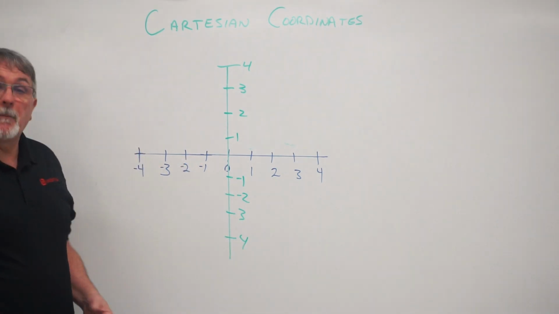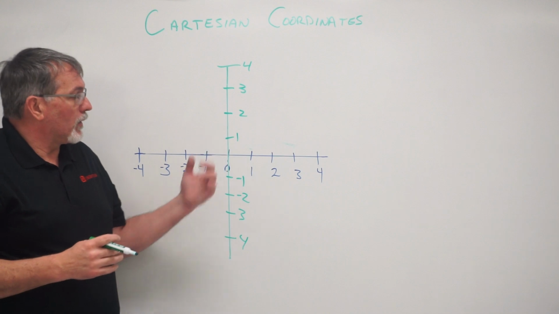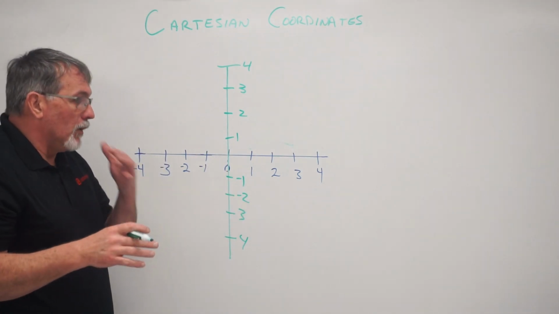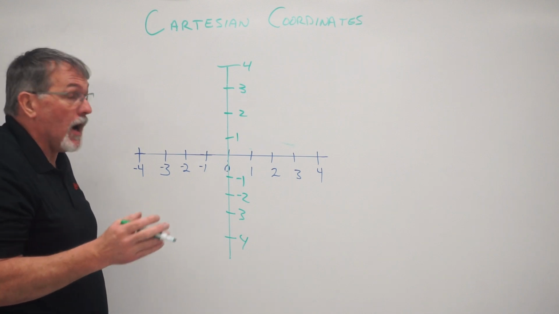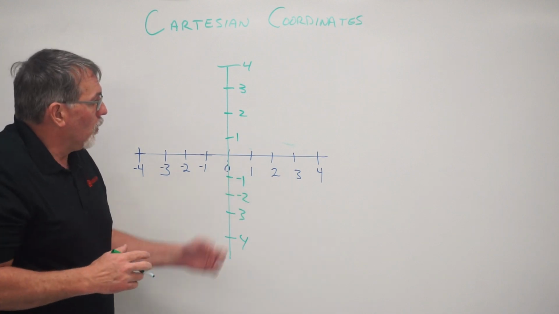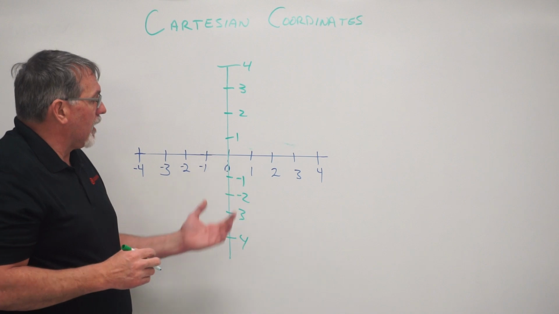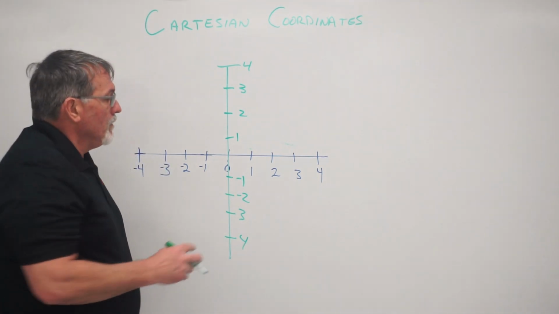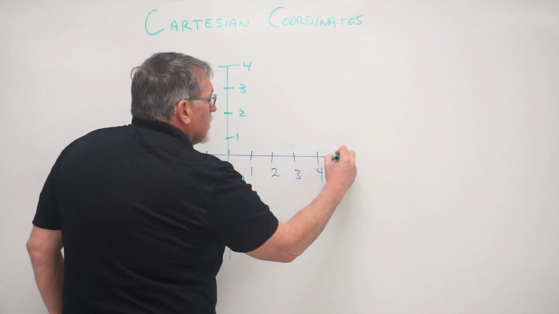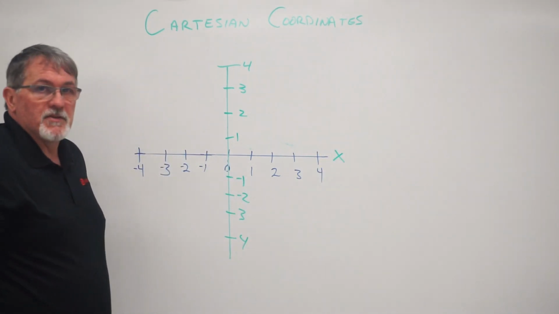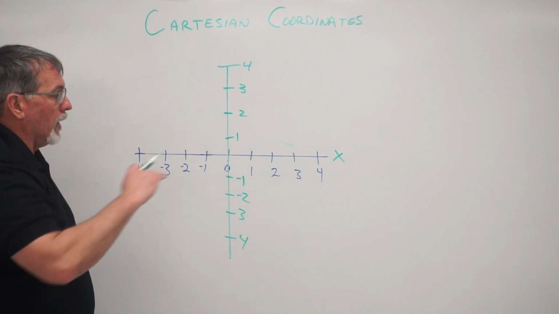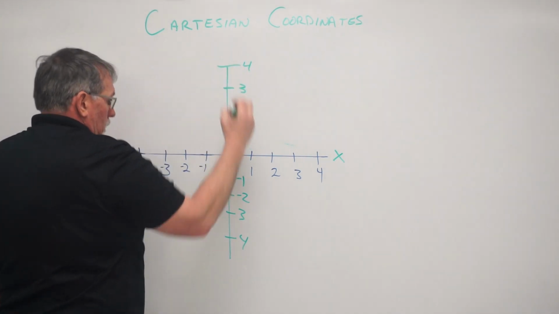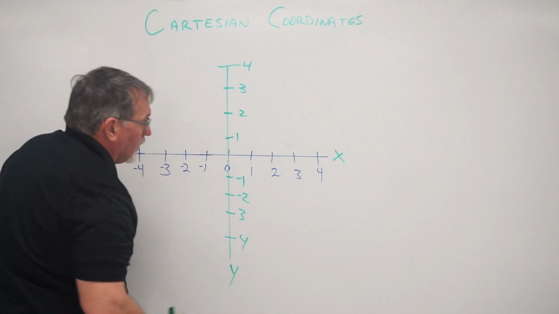So we've broken this up into 2 axes, and this is starting to look like a CNC milling machine, right? Where we have 2 axes of movement, X and Y. So we're going to name these axes, because now if I give you a -1, you don't know which axis is which. So we name these axes: X will be our line going horizontally. And then this one will be axis Y.